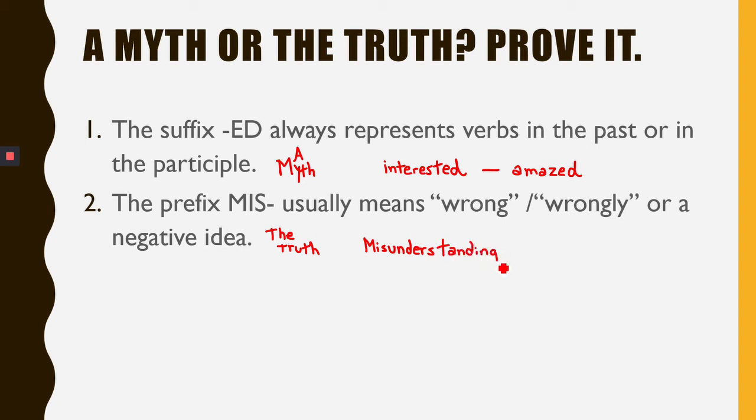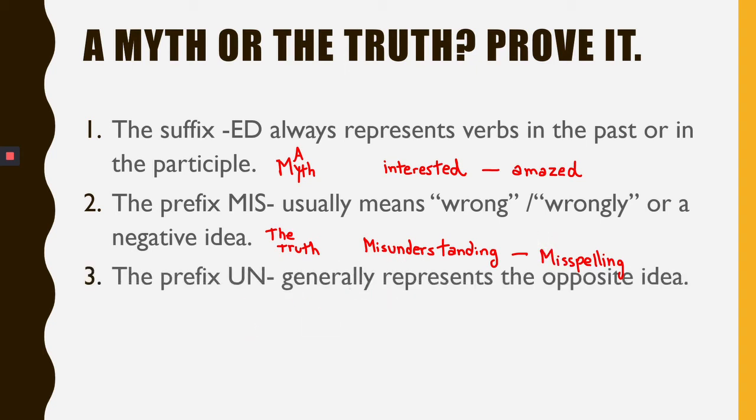A misunderstanding is when one does not understand something correctly, so one understands something wrongly. Or we also have the word misspelling, when you spell a word wrongly. So this is the truth.